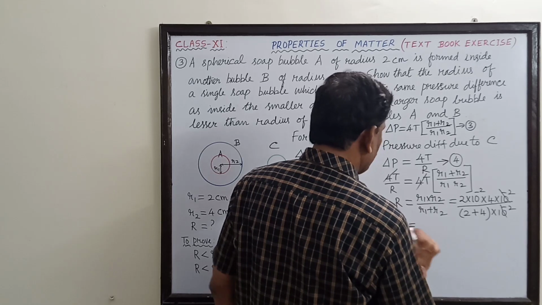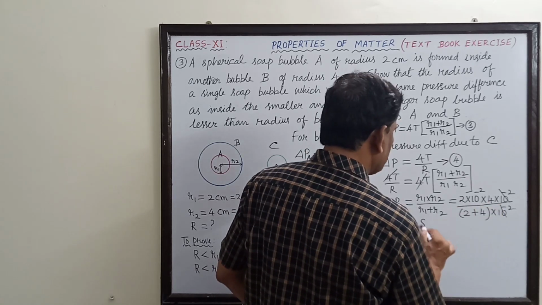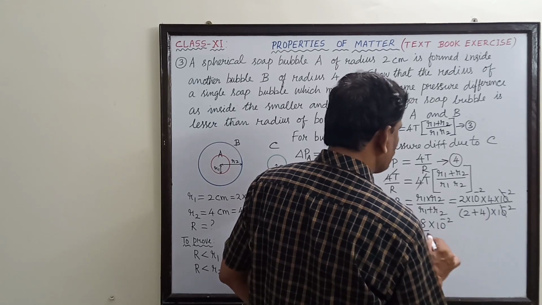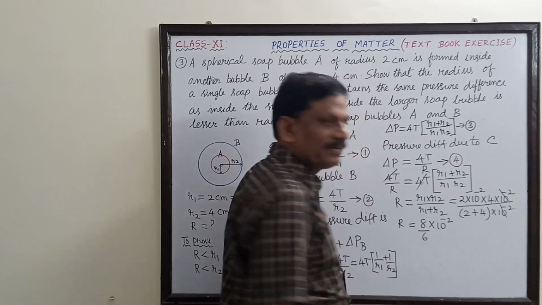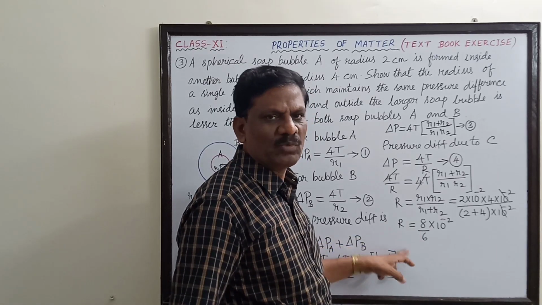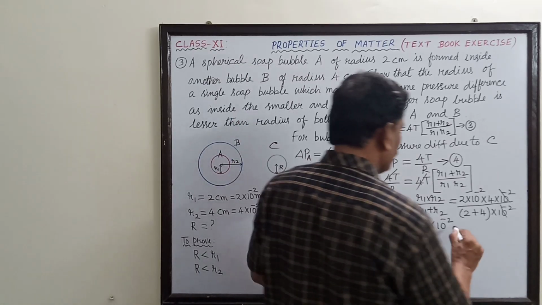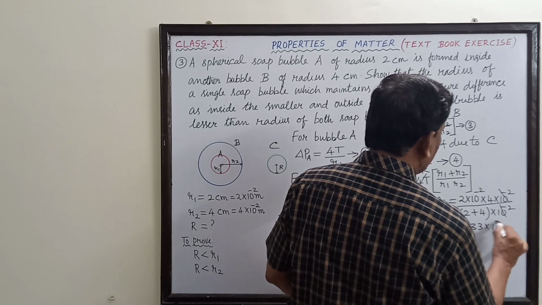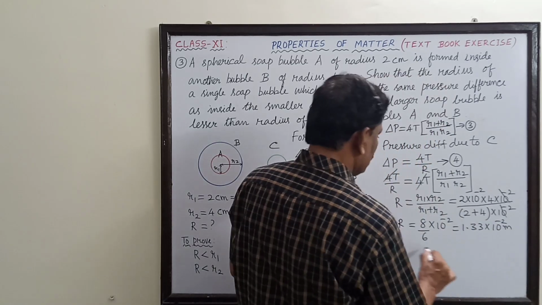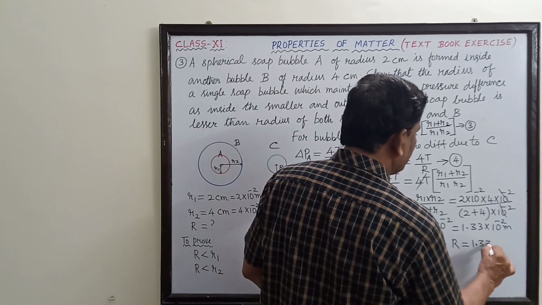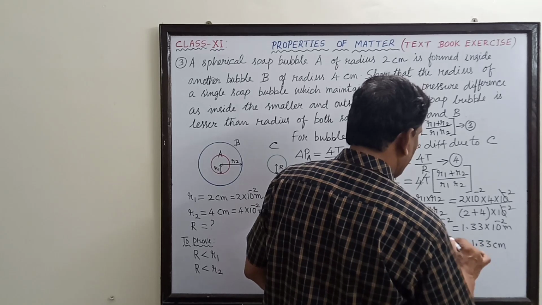So R is now equal to 8 into 10 power minus 2 divided by 4 plus 2, which is 6. So 8 by 6 is 4 by 3, which is 1.33. So this is equal to 1.33 into 10 power minus 2 meter. Therefore R is equal to 1.33 centimeter.